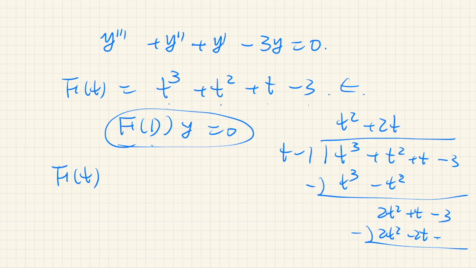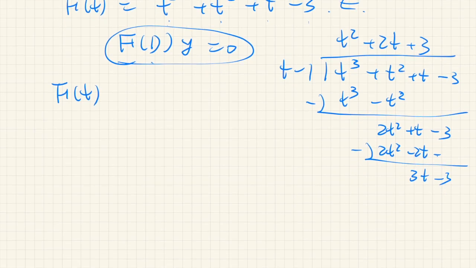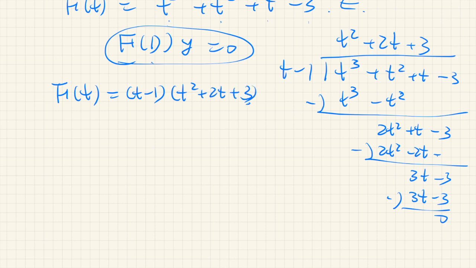Okay, that's it. 3t minus 3, so that's 0. Okay, so this is t minus 1 times t squared plus 2t plus 3.